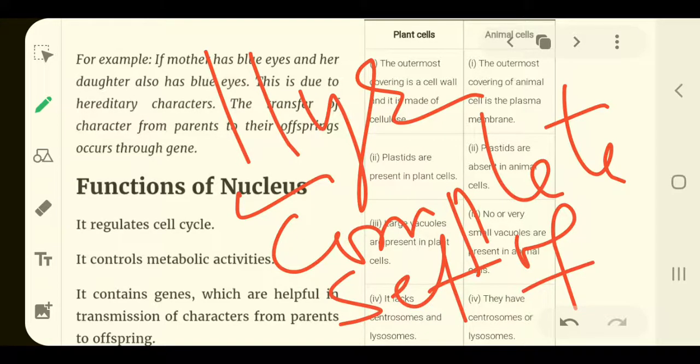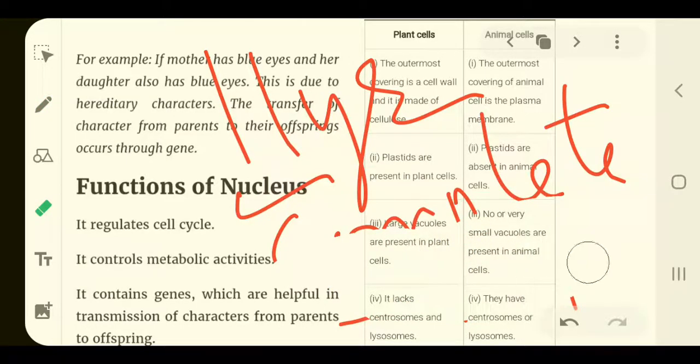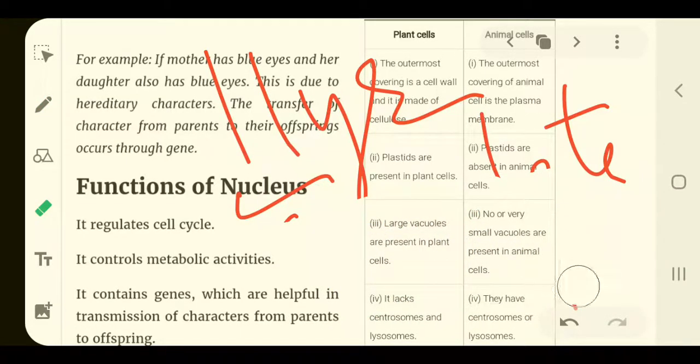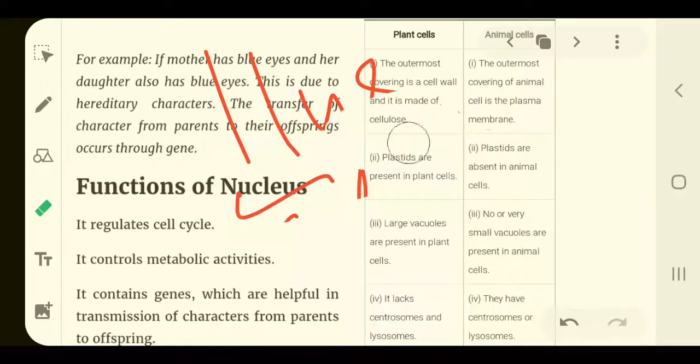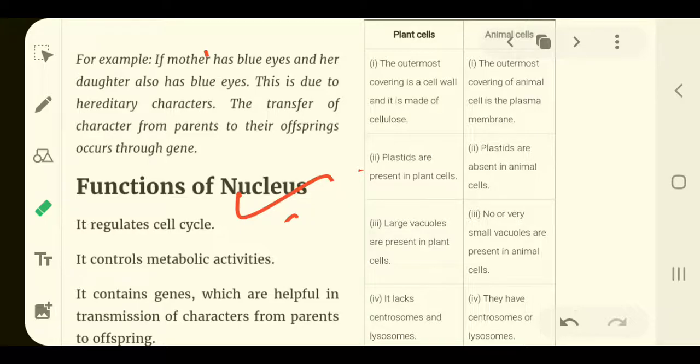Whatever cells you had at the time of birth from mama's body, after every 11 years, the whole body's cells get rejuvenated and recreated, you can call it. So after every 11 years your body is a new body with new cells. You can see how the body works. So cell cycle regulation is a function of the nucleus.